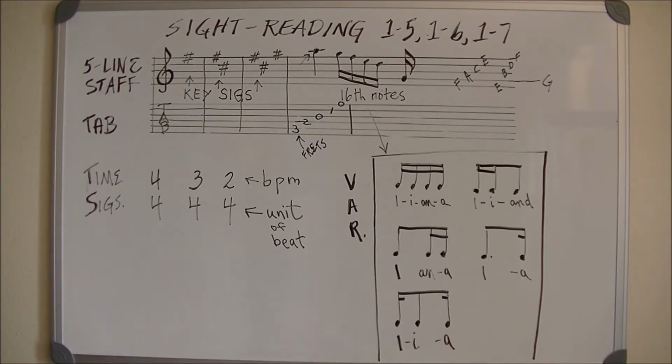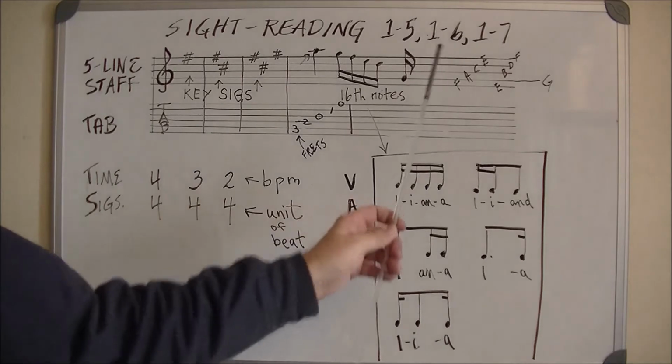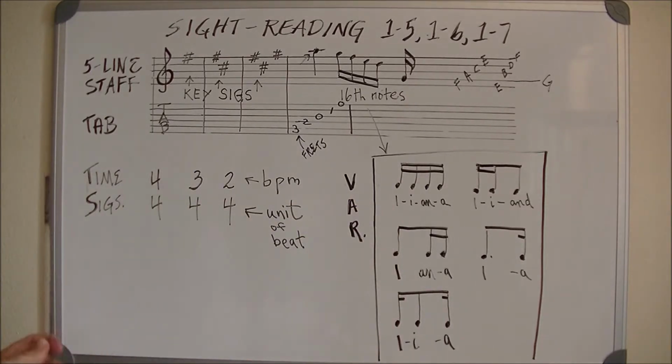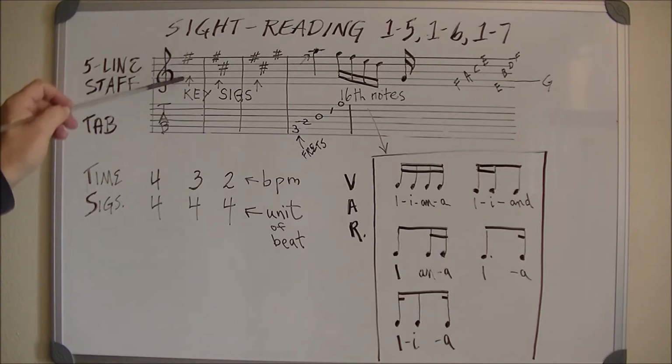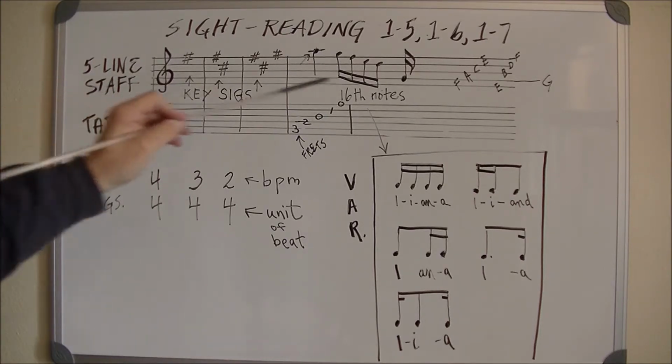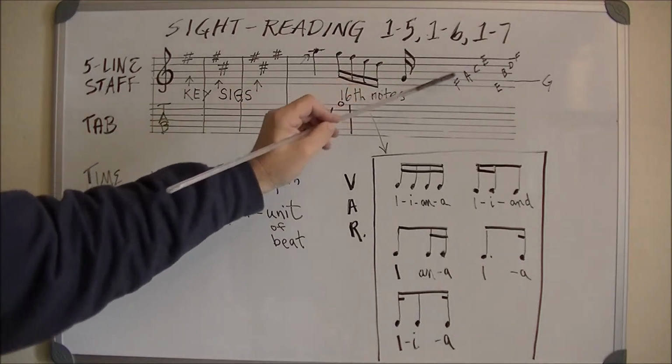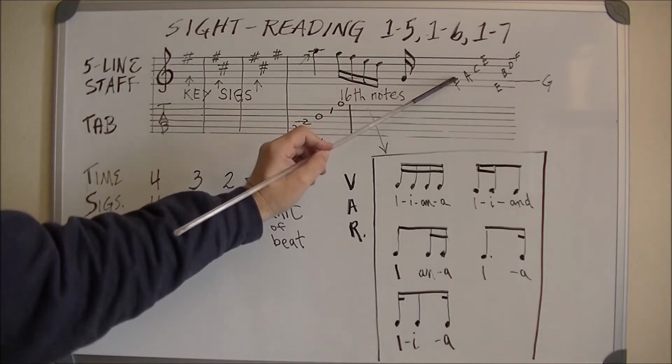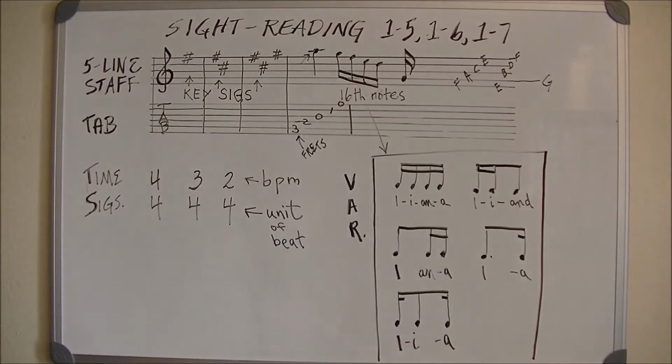The black key right above it becomes F sharp. Now that F sharp applies throughout the piece of music from the beginning to the end unless another symbol changes it. It also applies to the F down here on this space. Remember, F, A, C, E. This F is also going to be an F sharp in the key of G.